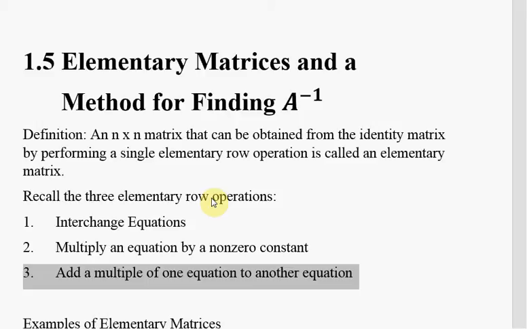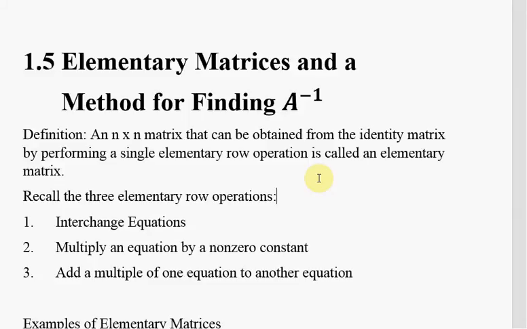So, Section 1.5, elementary matrices and a method for finding A inverse. Last time we talked a little bit about the elementary matrix, a very simple matrix that is found by performing only one elementary row operation to the identity matrix.